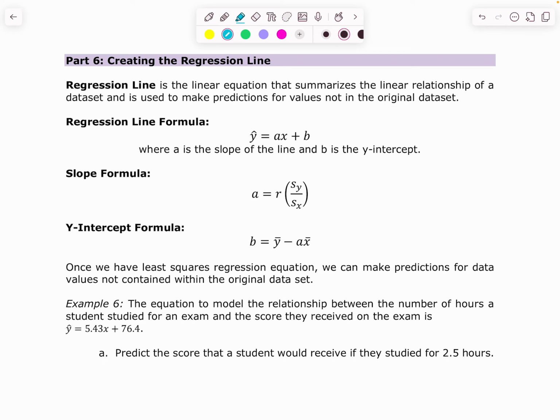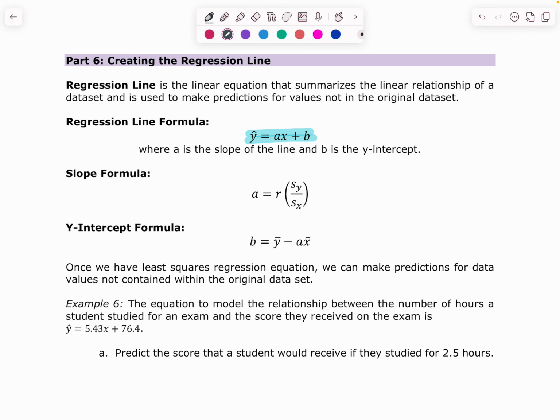So the equation for the regression line follows this general formula. Y hat equals AX plus B, and it hopefully looks familiar. It's not that different from Y equals MX plus B because it is still a linear equation.